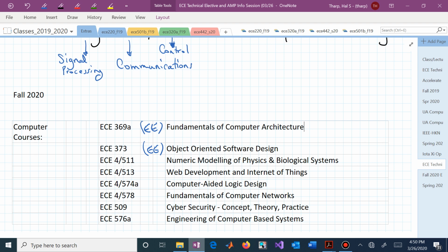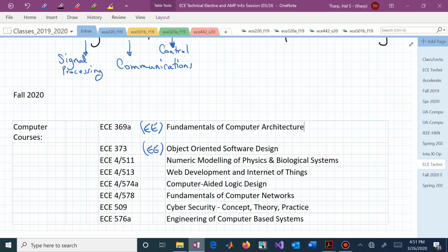478, if you now have a network of computers, how are they interconnected? How do they talk to each other? How do you make that happen? That's 478. If you're interested in cybersecurity, you might want to think about 478, connecting up computers. You might actually be interested in this Internet of Things class, and then you can take a 509.